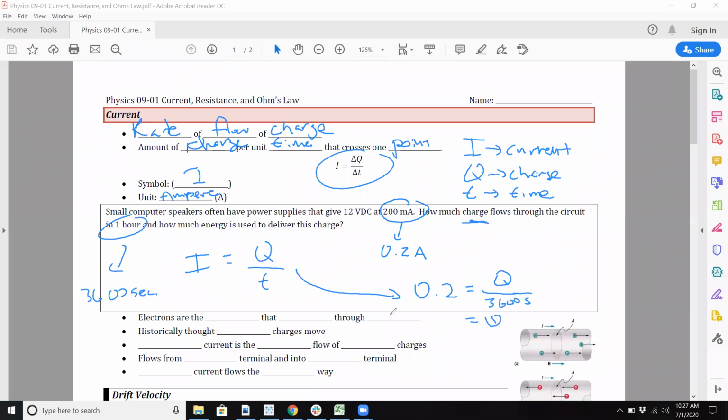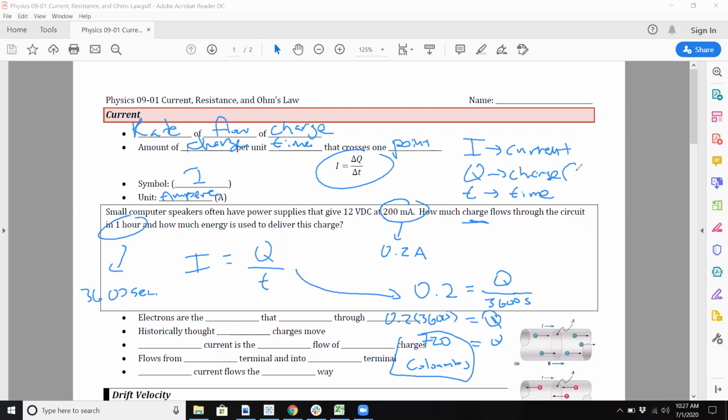So you solve for Q. I get 720 coulombs. And a coulomb is a measure for charge, just so you know.